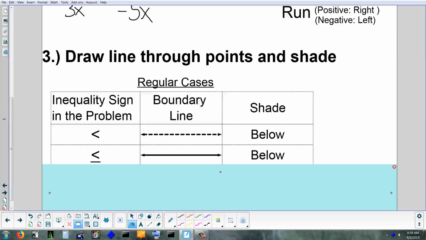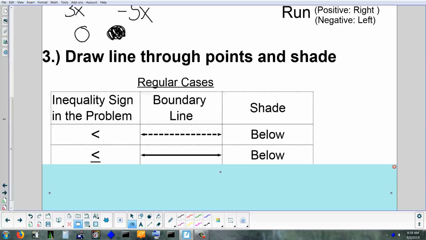It's kind of like when we were graphing inequalities on the number line, and we had the open circle and the closed circle. Remember, the closed circle meant that even the number it was at on the number line could be included in your solution.